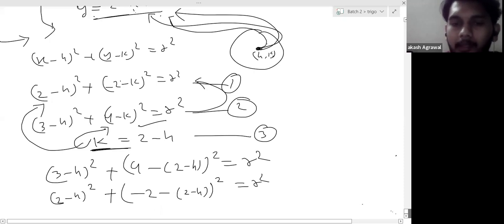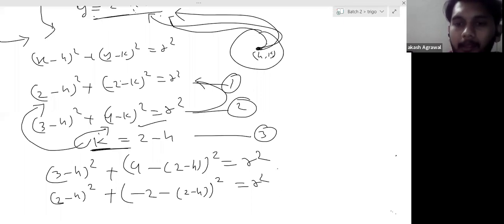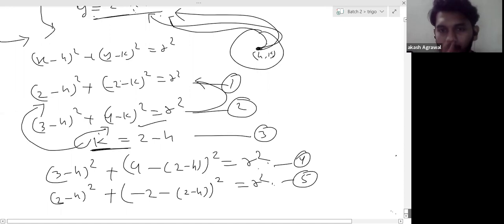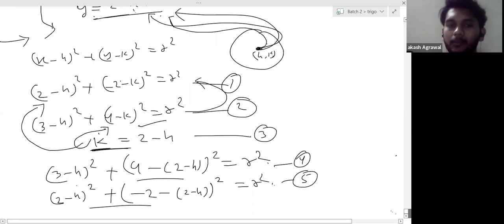All right. This step is clear, Raman. I just put the value of k in the first and second equation. Let's call these 4 and 5. Again, I can equate 4 and 5 because both are equal to r square. So this whole is equal to this whole, right? From that you can find h.